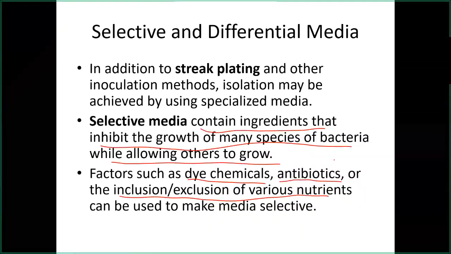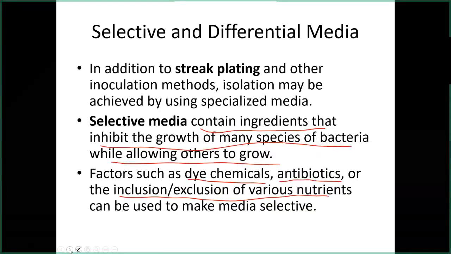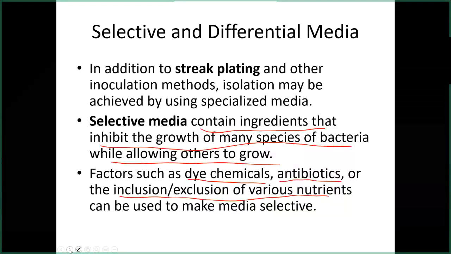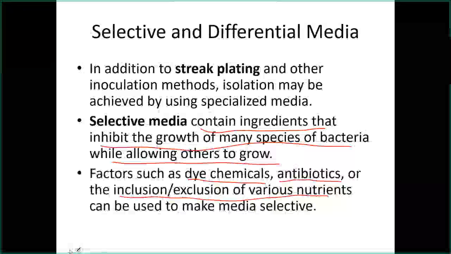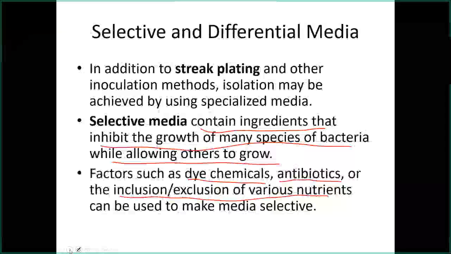So you can use selective media. Again, the object here is to take what potentially is a confusingly large number of species and basically jettison a bunch of them, get rid of a bunch of them, and leave behind a few that you really are interested in and can work with.